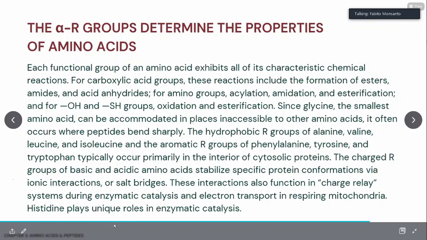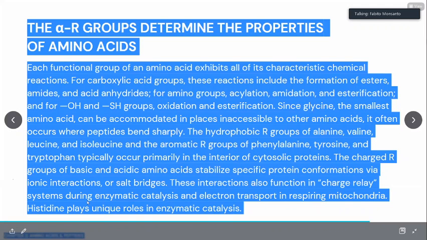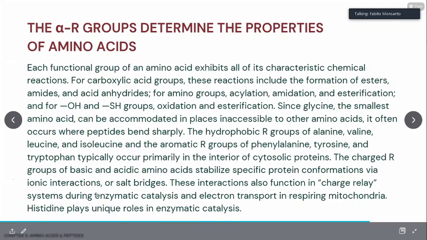Charge relay. We will be looking into this. Charge relay during enzymatic catalysis or activity of the enzyme, and the electron transport chain in the respiring mitochondria.